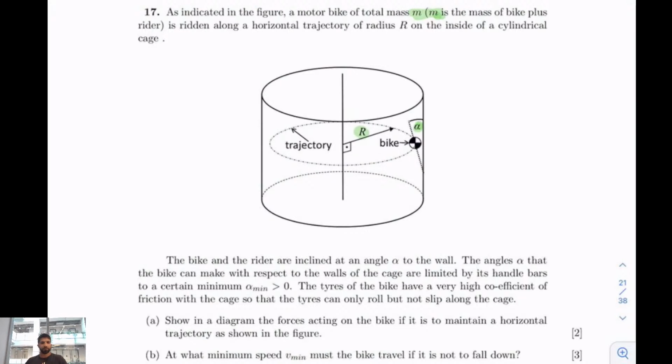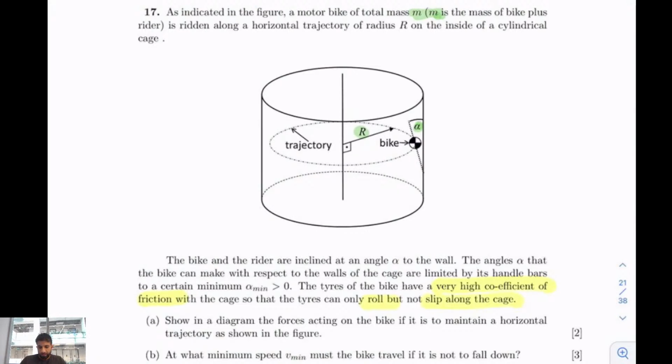I'm highlighting the important quantities that we'll use in answering the question. We are told that the tires have a very high coefficient of friction, so that they can only roll but not slip along the cage.